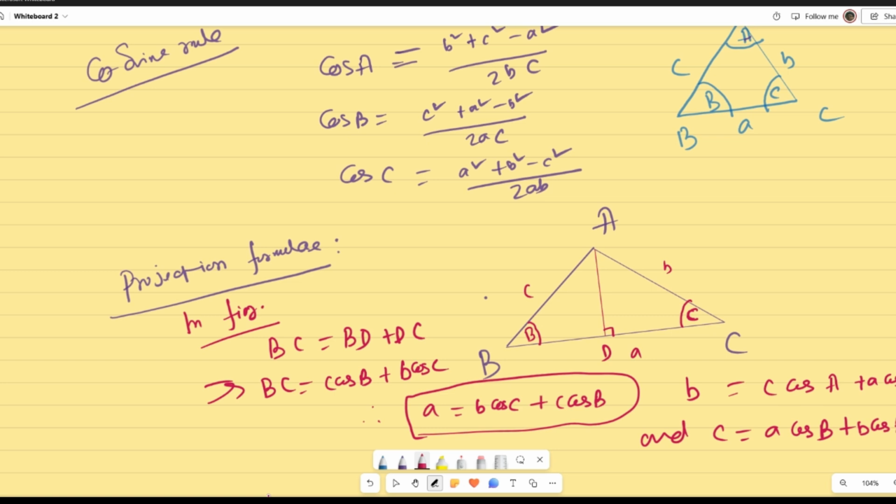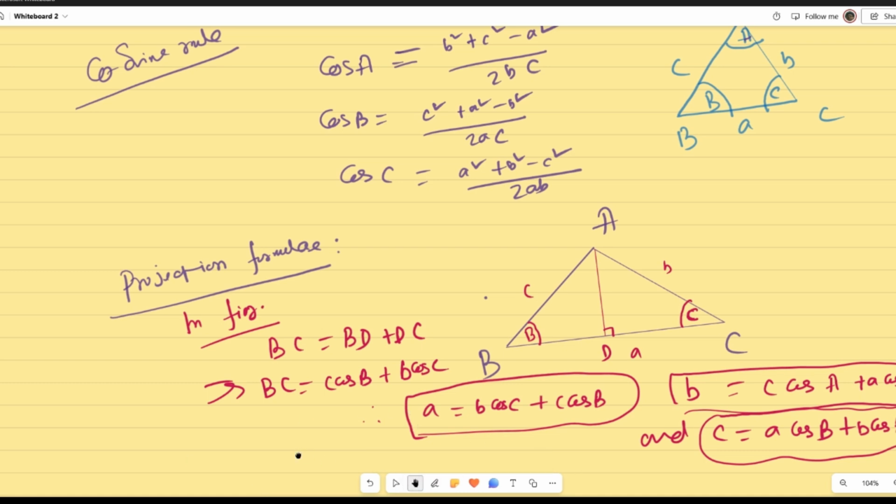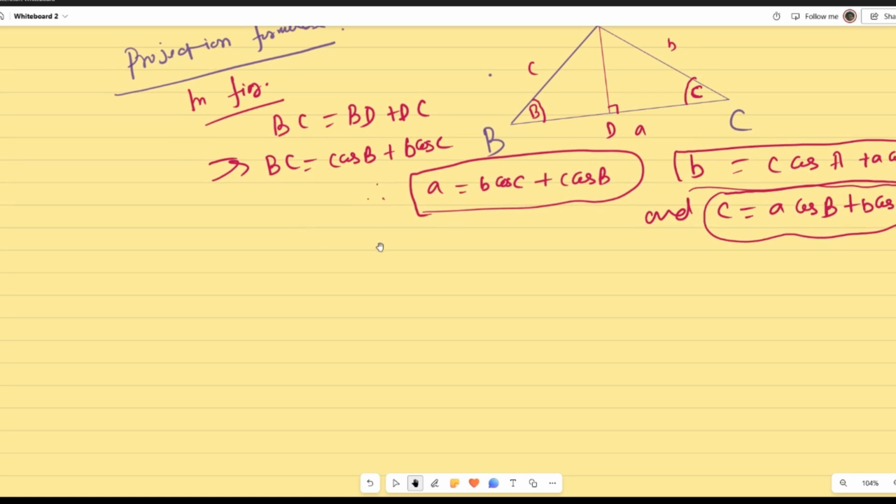So you got b and you got c also in terms of sides and angles. There is another one, which most of the JEE books, WBJEE books have covered, that is the area of a triangle.